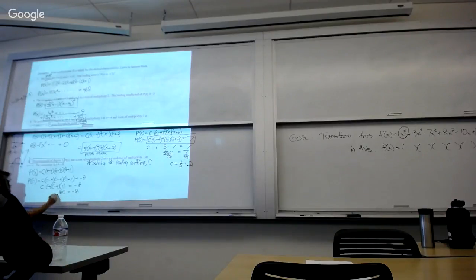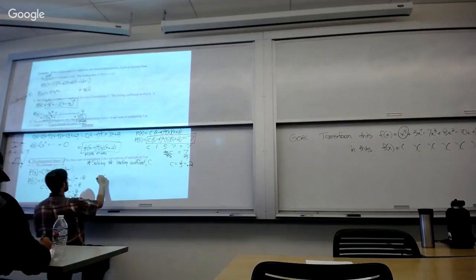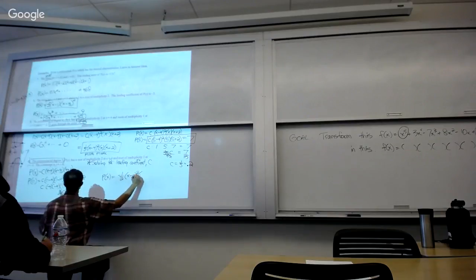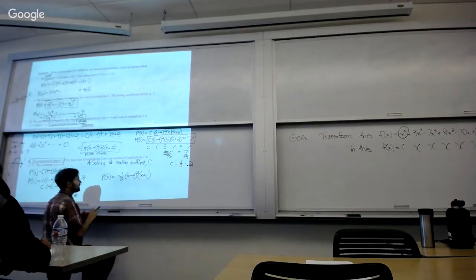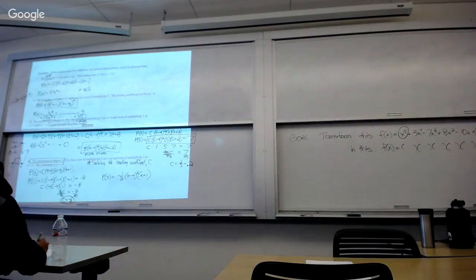And so C is being multiplied by 16, you divide by 16, and we get C equals -1/2. And that's it. Now we can write down our final polynomial. Our polynomial is p of x equals -1/2 times x minus 4 squared times x plus 1. That is a polynomial that has the desired characteristics that we wish.